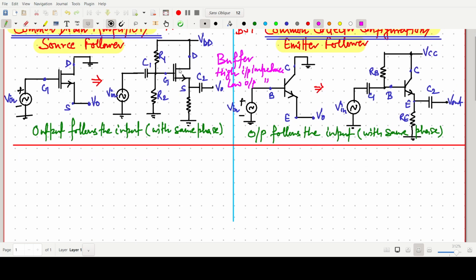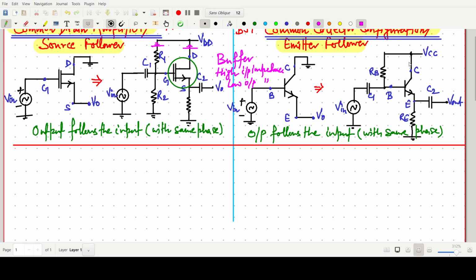First I am going for this one, the source follower. Source is common, drain is, sorry, we are taking output across the source, and drain is common. So in case of source follower, for the AC equivalent it should be grounded.